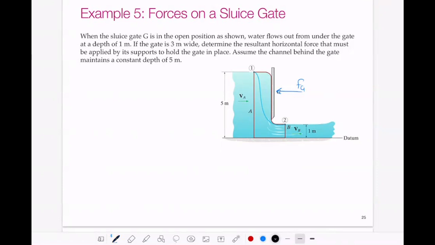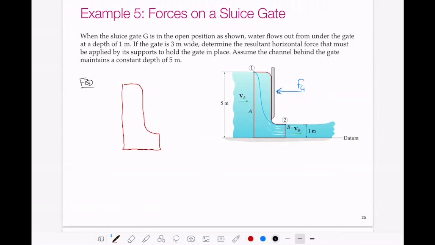So let's start with our free body diagram. Our control volume is shown. So let's draw that. Our boot shape.